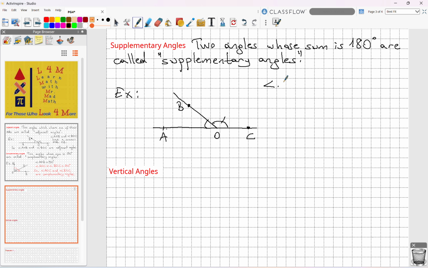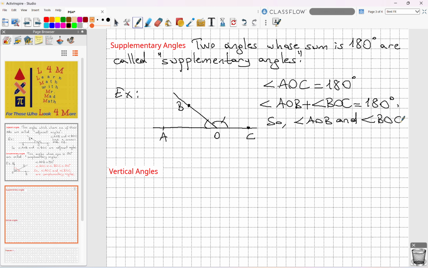Angle AOC is straight, so it's 180 degrees. Angle AOB plus angle BOC is equal to 180 degrees. So, angle AOB and angle BOC are supplementary angles.